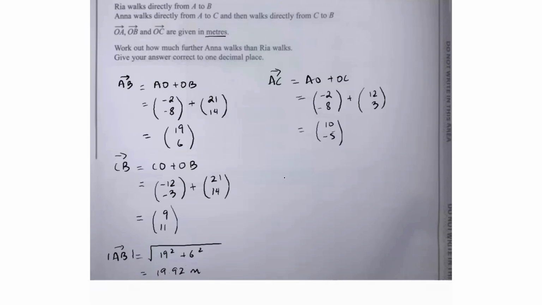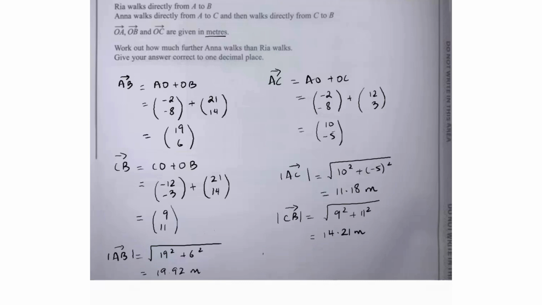Then we're going to find vector AC, which is going to be square root of 10 squared plus -5 squared. And that's going to give us 11.18 meters. And then for CB, it's going to be root of 9 squared plus 11 squared. So that's equal to 14.21 meters.